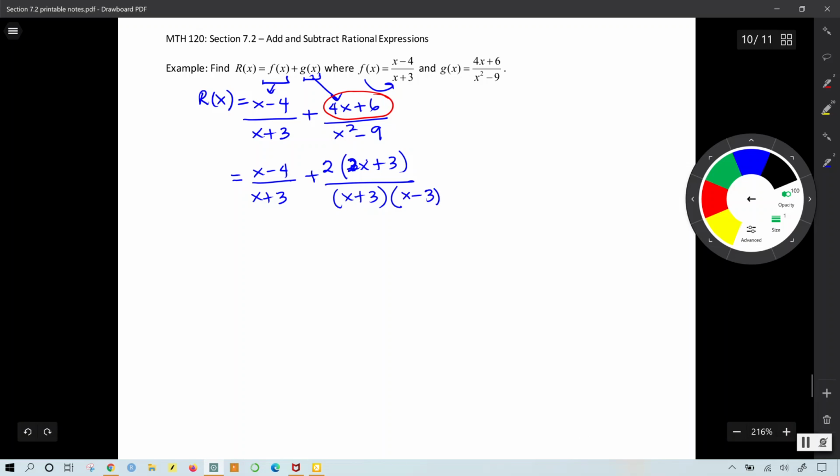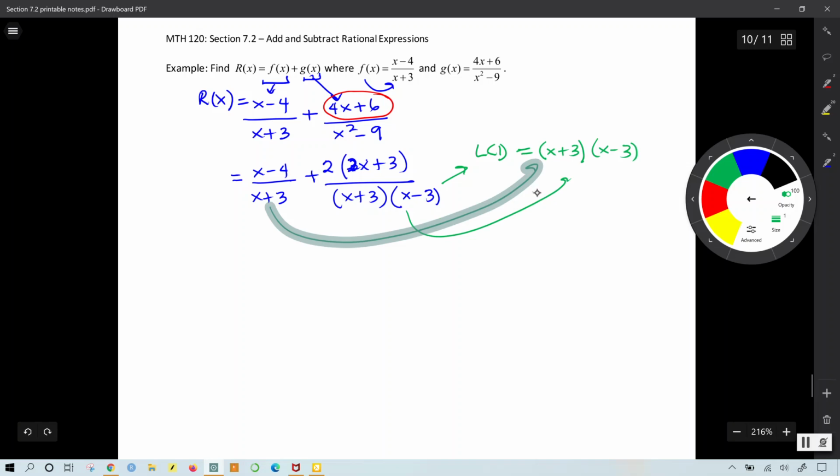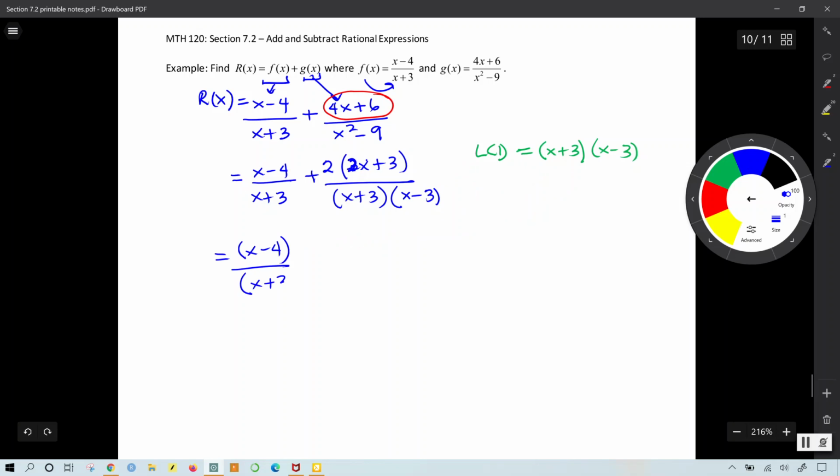So at this point, we're ready to extract the LCD, or to build the LCD. That will be x plus 3 and then x minus 3. So with that built, we can then proceed into asking in what way can we augment the first fraction. It already has x plus 3.